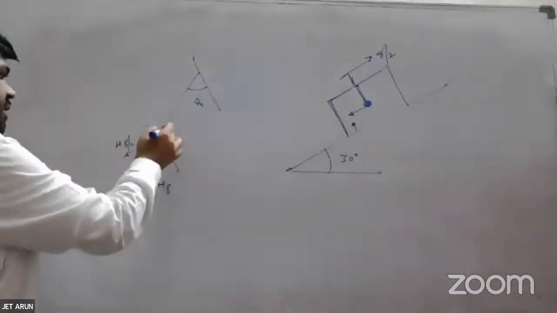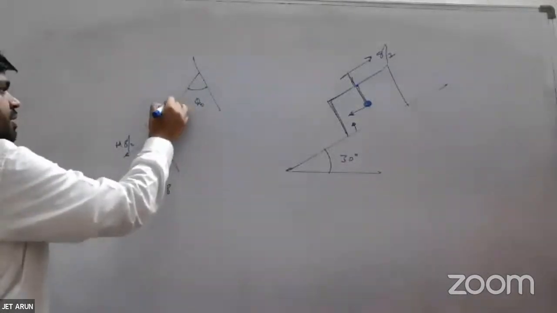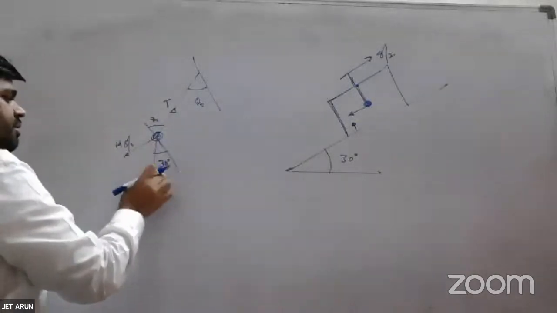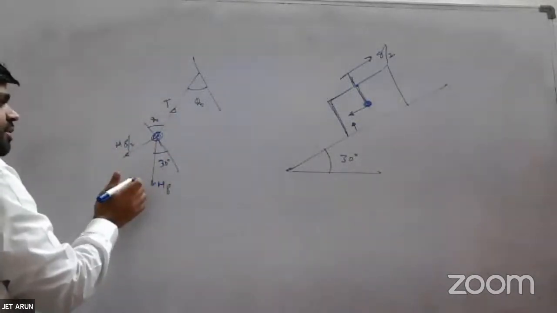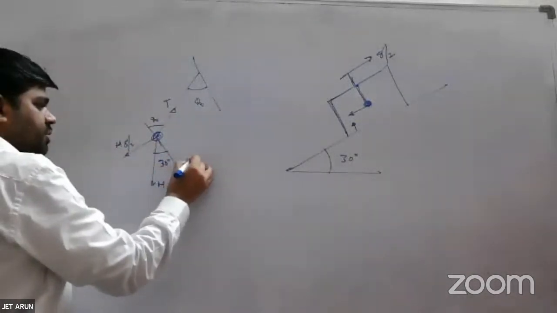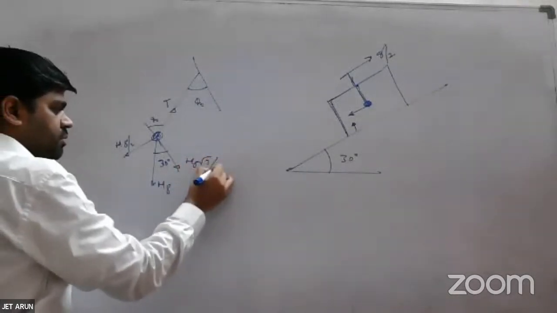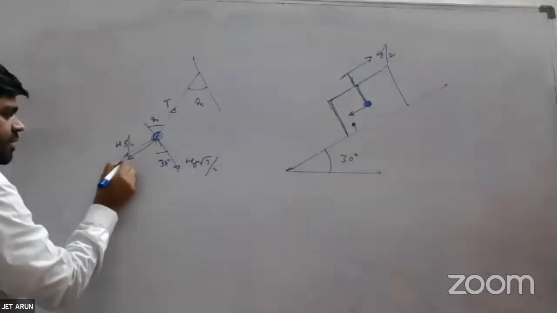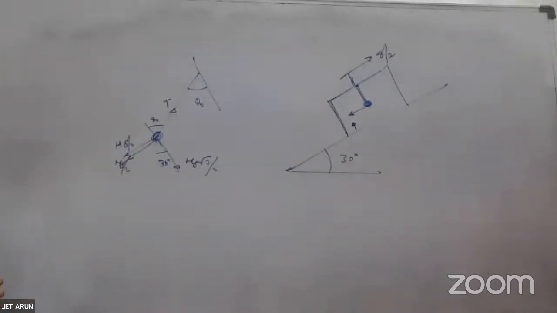All right, so will you try this one? Tension T, this is theta, T cos theta, mg cos 30, mg sin 30. So this will be mg root 3 by 2. This will be mg by 2. So I've taken the component of mg also.